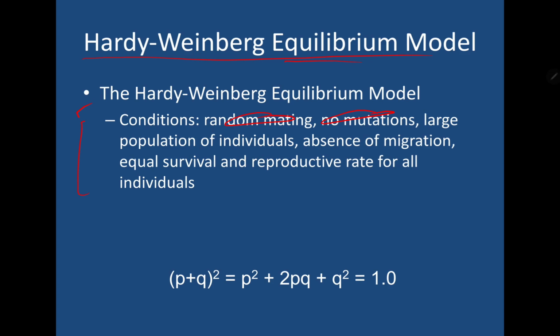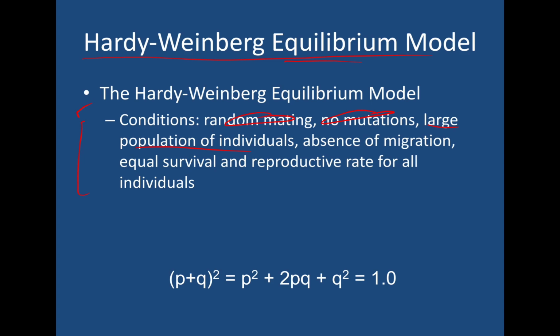The third is large population of individuals. This is because large populations are more resistant to genetic drift. Why is this important? Remember that genetic drift refers to changes due to random chance, right? Well, smaller populations have a higher chance of losing alleles or reducing the frequency of alleles due to random chance.